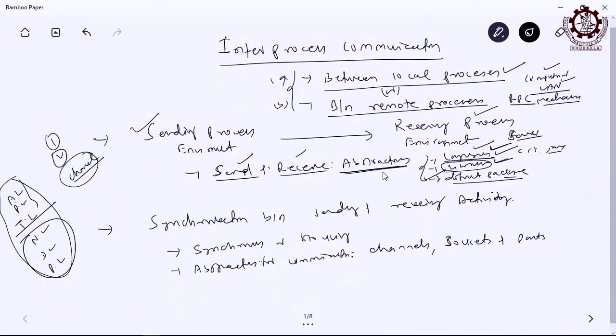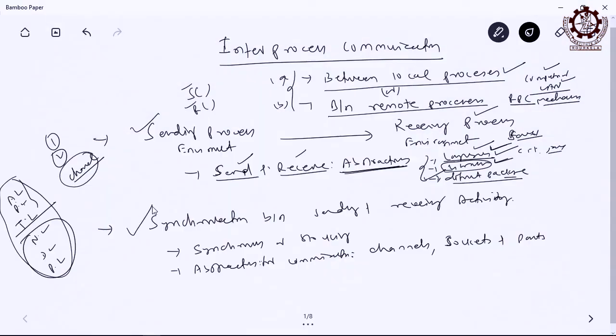Naming scheme means we should associate some kind of identifiers or names to these entities. Am I clear? So, whenever we implement these abstractions, for the send operation I can use S, for the receive operation I can use R, I can give any name, right. It depends upon the syntax of a particular language or package, clear.